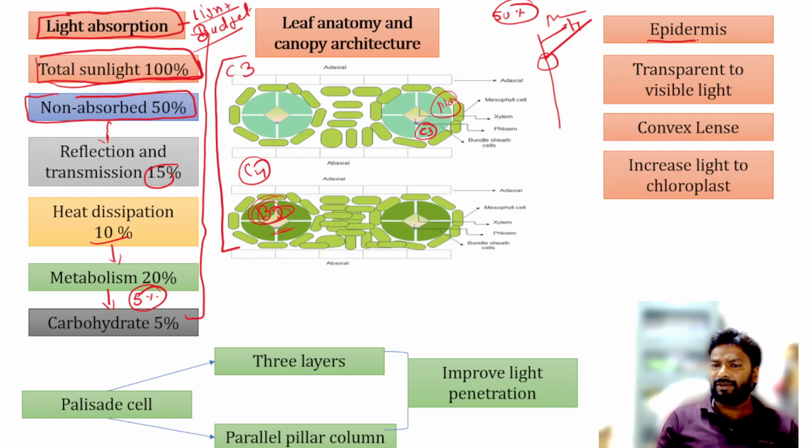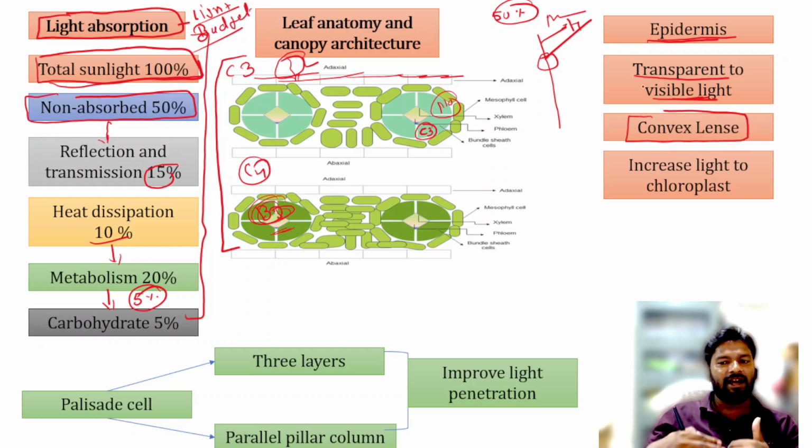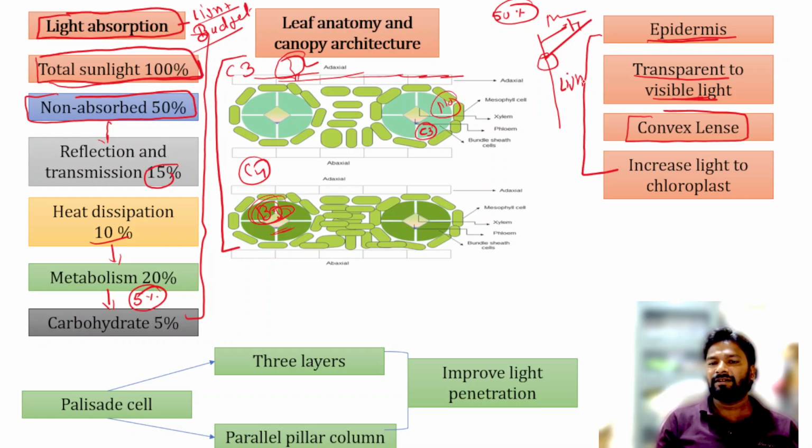And this is the epidermis. It is transparent to visible light. So light coming first strikes the epidermis, and this layer is transparent to visible light, and this layer works as a convex lens. So it increases the light to the chloroplast. So this is the first mechanism which increases light utilization for the plant.